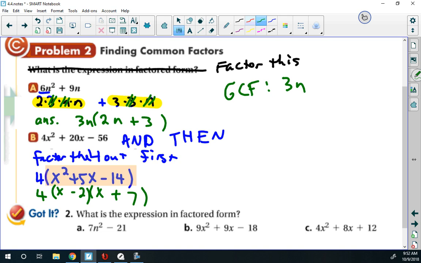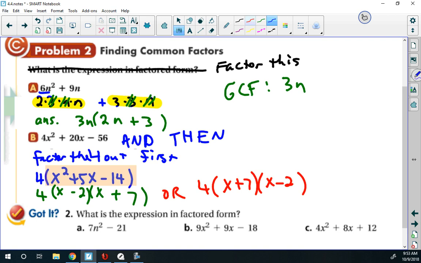Any questions, comments, concerns, short or long debates about anything there? Yeah, question. Does it matter which number goes in which part? So if you wanted to write your answer as 4 times x plus 7 times x minus 2, that's fine because of the commutative property of multiplication.